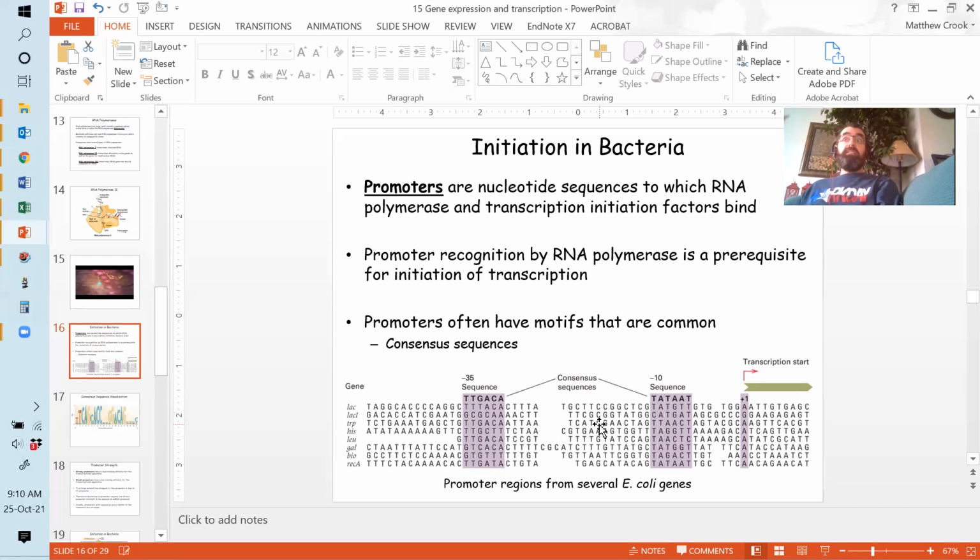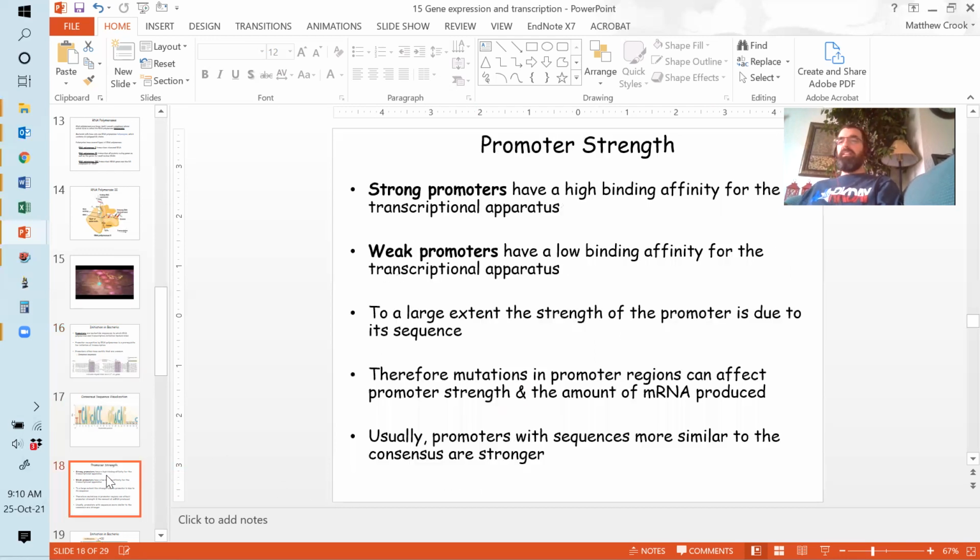And so when you need to turn lactose into glucose, you need to do a lot of it, because you don't have any glucose around. So you can look at just these two genes and get an insight into that strong versus weak promoter deal.